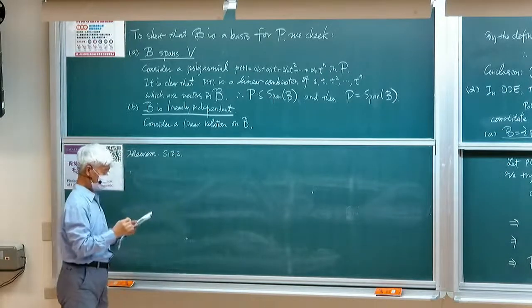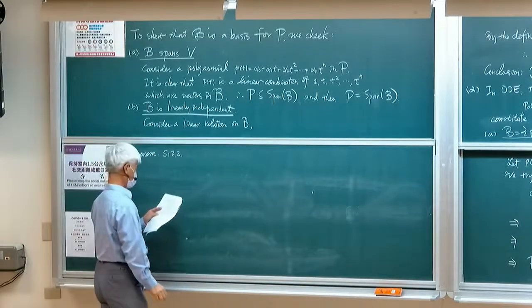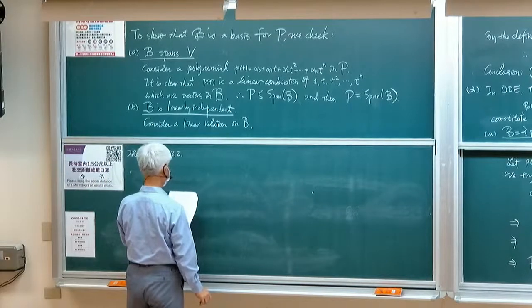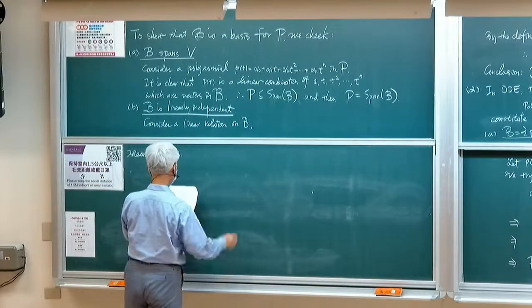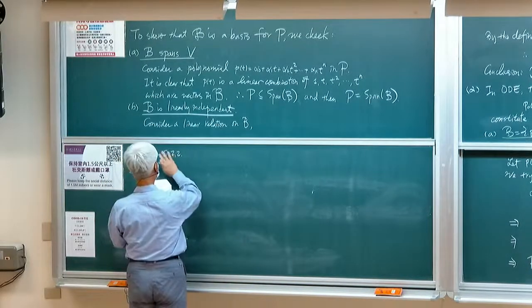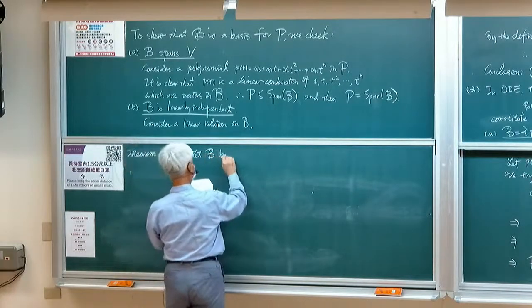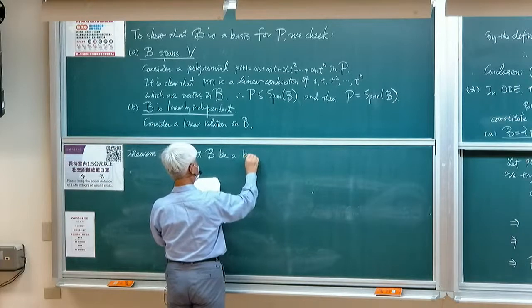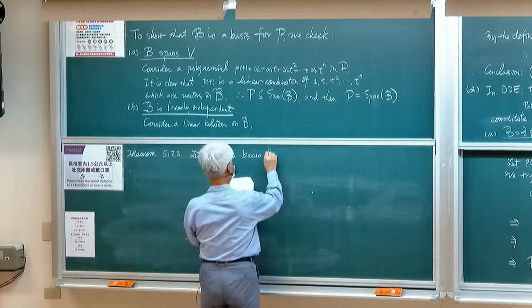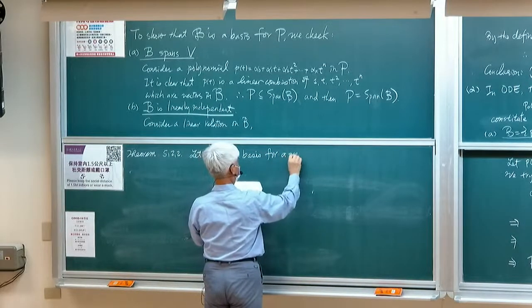Okay, the next theorem is actually a theorem we have visited before in chapter 2. We let B be a basis for a vector space.